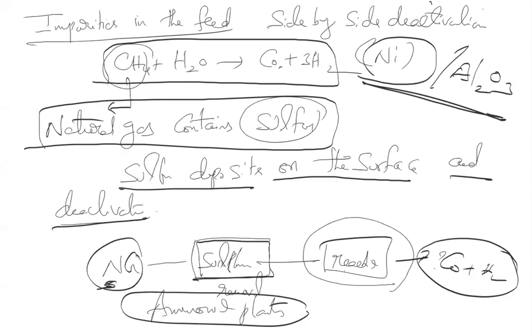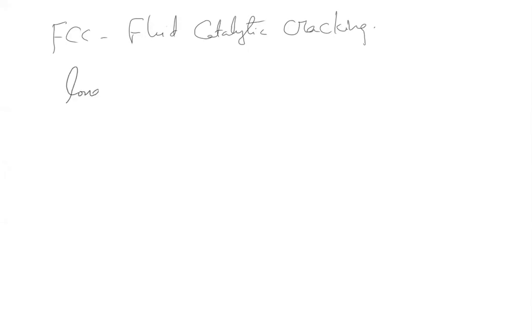So one of the examples is FCC, fluid catalytic cracking. What is fluid catalytic cracking? You take long chain molecules, something like C10, etc., and break them into, let's say, C5, C6.